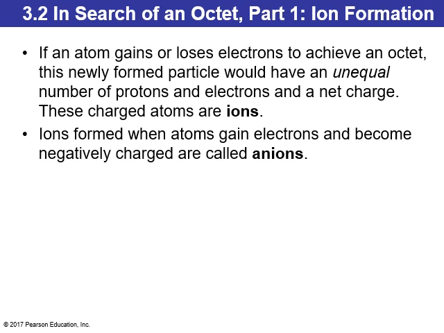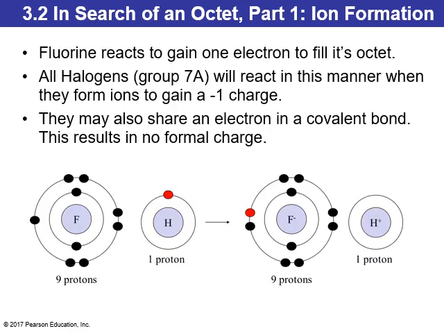So we have two different types of ions that we can form. Ions that form when atoms gain electrons become negatively charged, and we call those anions. Fluorine is a great example of an element that forms an anion when it reacts to form an ion. Fluorine has 9 protons, with 7 of them in its valence shell. It's trying to get that valence shell of 8 electrons in its outer valence shell.